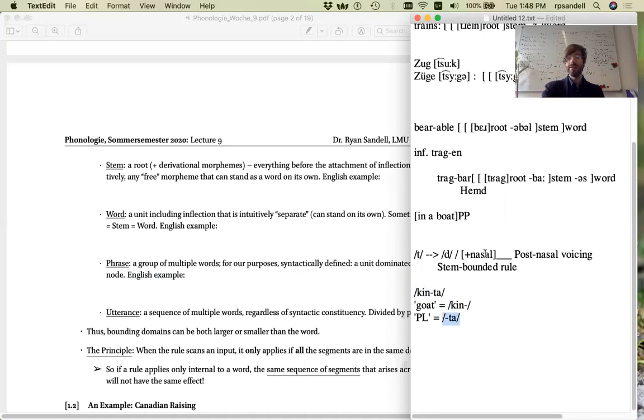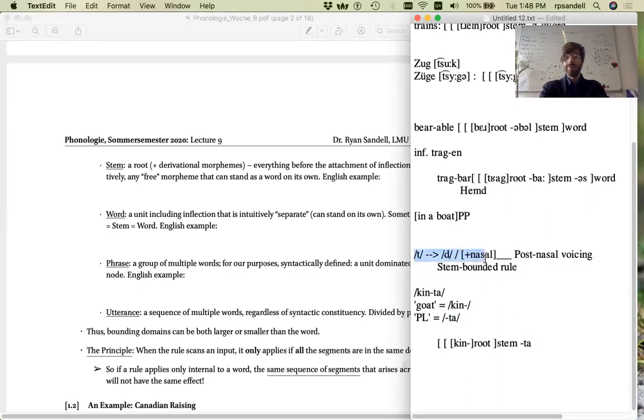And if ta is an inflectional suffix, and we know that this process is stem bounded, will the process apply in this case? The answer will be no, because as you can see, the internal structure will be a root keen, which is also equivalent to a stem, and then we have this ta following.